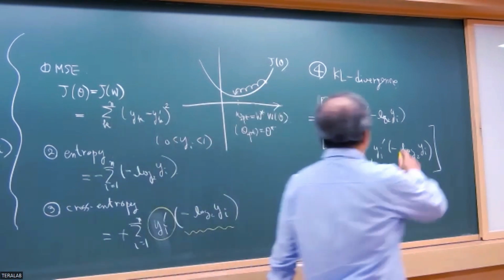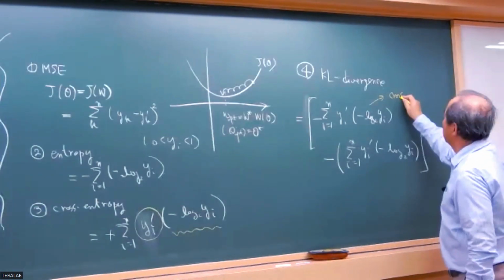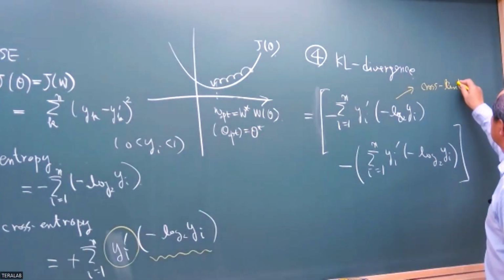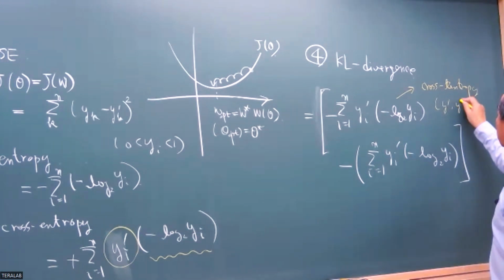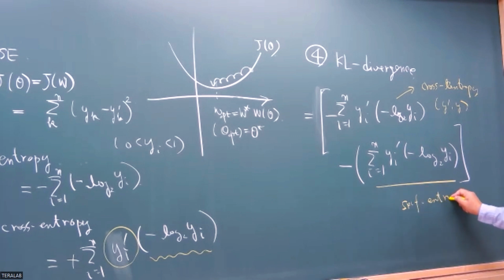The first term is actually the cross entropy between y dash and y, and this is the self entropy, P of y dash.